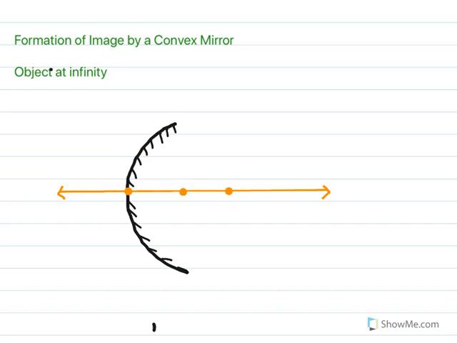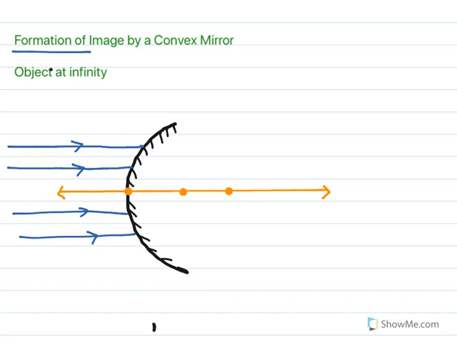Now that we know the rules, let us go to the formation of image by a convex mirror. What happens when the object is at infinity? If the object is at infinity, it means the rays will come parallel to the principal axis. Like the sun is an object at infinity, very far away, the rays come parallel. And let us mark our pole, this is the focus and center of curvature.